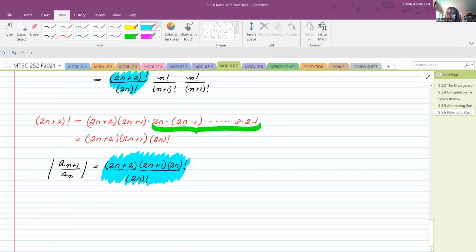Then that gets multiplied by n factorial over (n+1) times n factorial. And then I get n factorial over (n+1) times n factorial. So that is these two pieces.